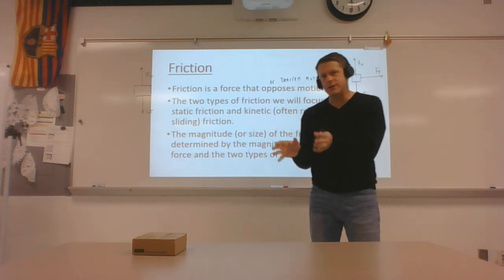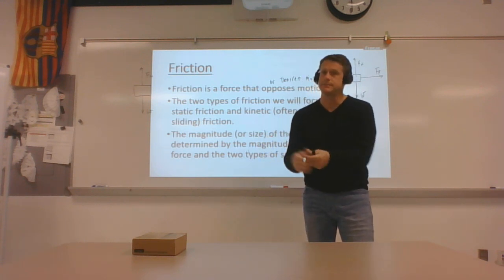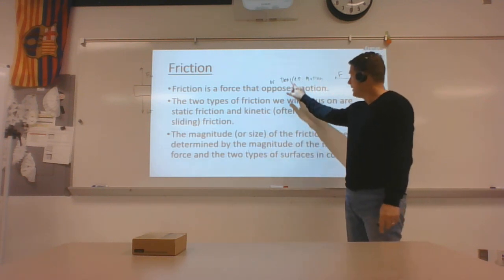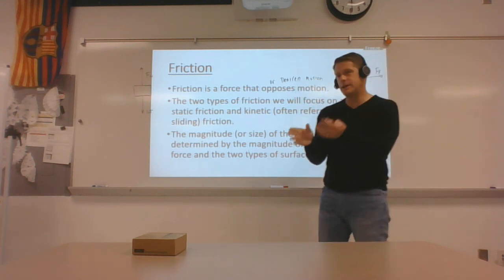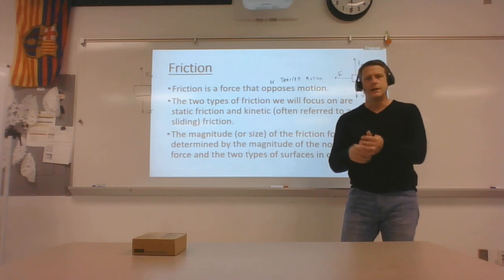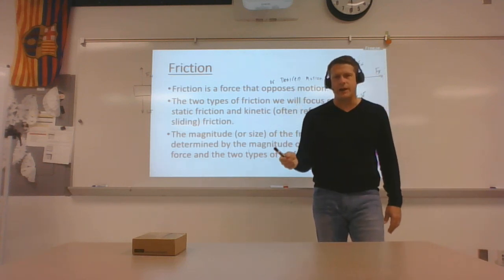So if the box desires to stay at rest, then it has no motion. So there's no friction that's opposing its motion because it's not moving. In addition, it has no desire for motion because what does an object at rest want to do? An object at rest wants to stay at rest.